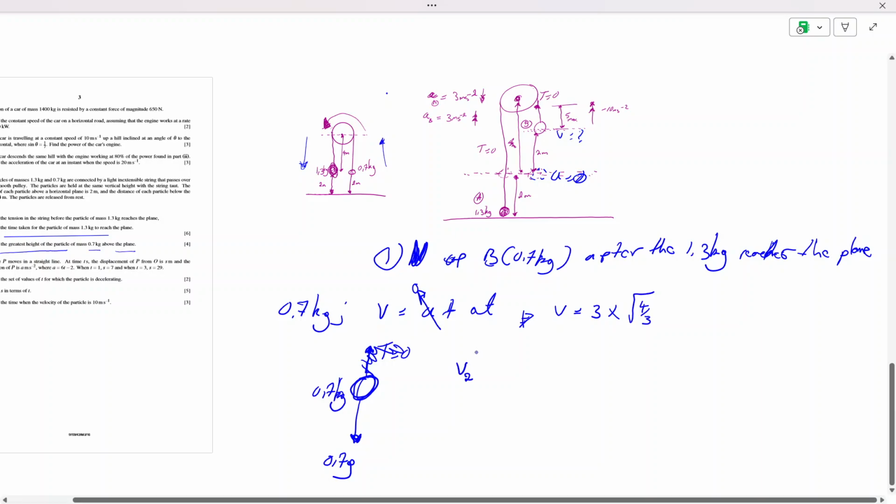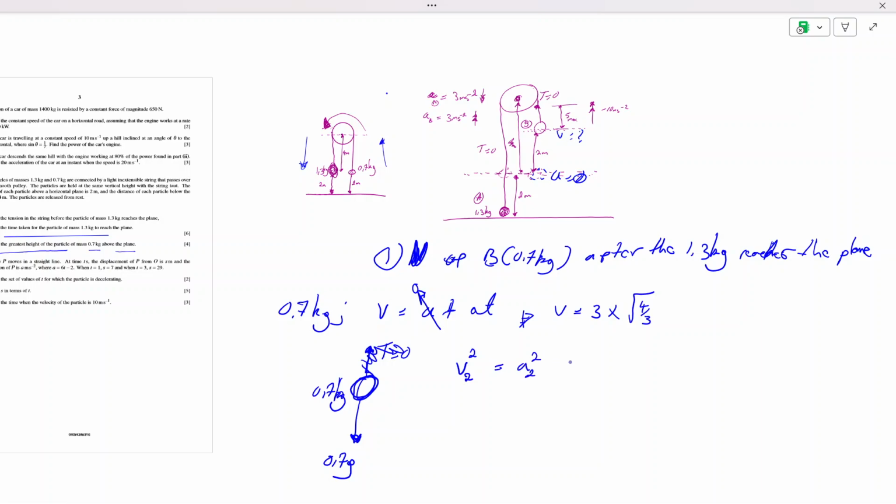I'm going to use this equation: v2 squared is equal to u2 squared plus 2 a2 s max, which is what I need. This is the new velocity after it has traveled the distance s max.